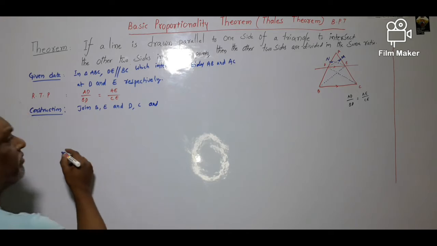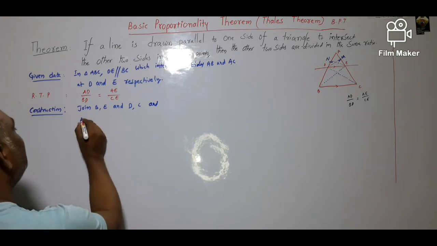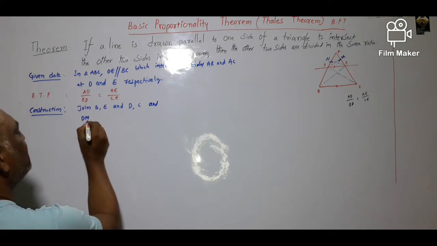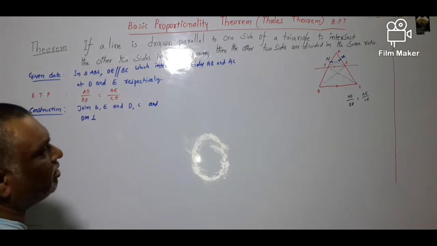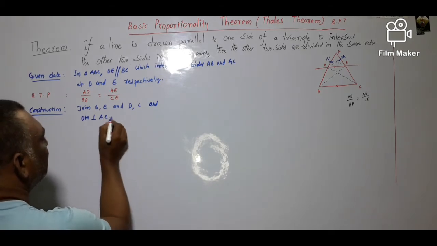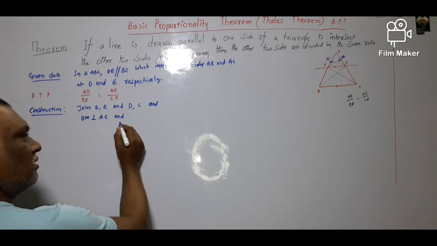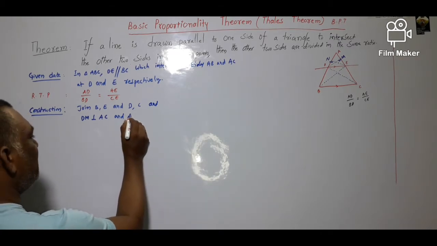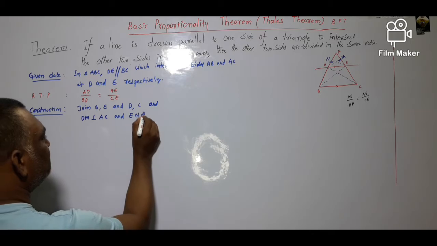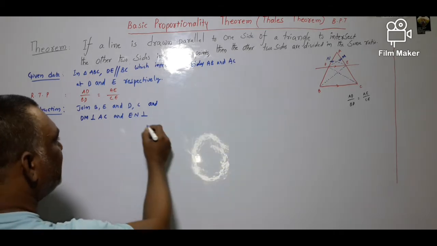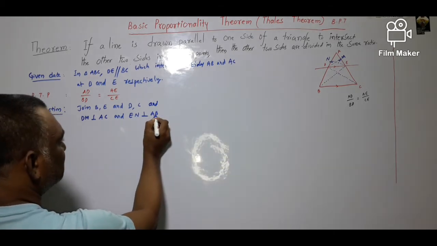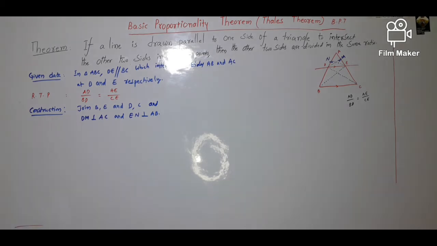So DM is perpendicular on AC and EN is perpendicular on AB. This is the construction.